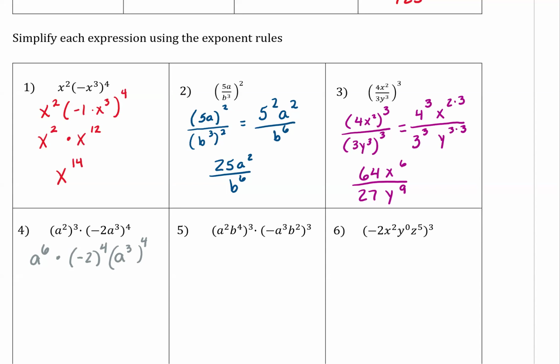Negative 2 to the 4th is going to give me a positive 16. I have a to the 6th times a to the 12th. Same base, multiply and keep the base, add the exponents, and 6 plus 12 is 18.